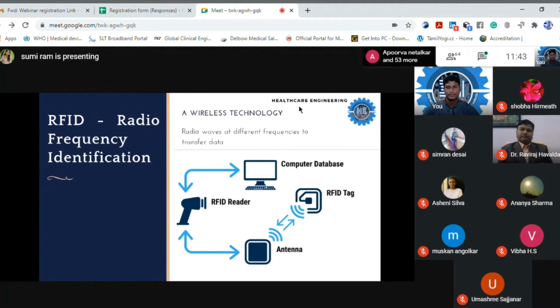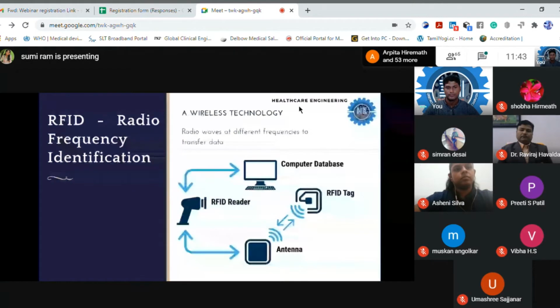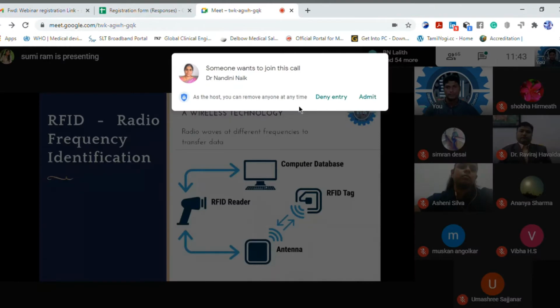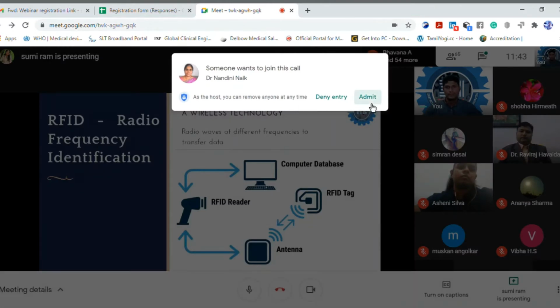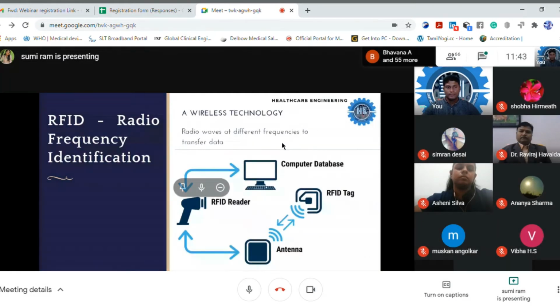Let us now see what an RFID reader is. An RFID reader is a device which has one or more antennas that emit radio waves and receive signals back from the RFID tag. The RFID tag is attached to assets in the hospital environment to transmit stored data to the antenna.